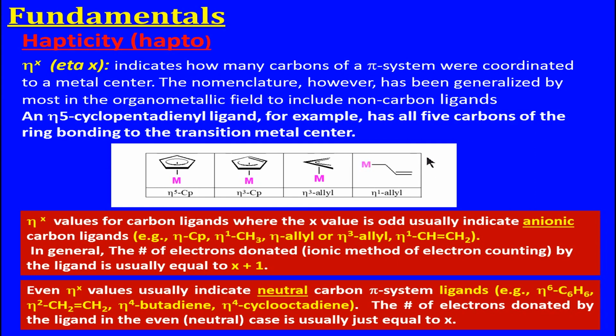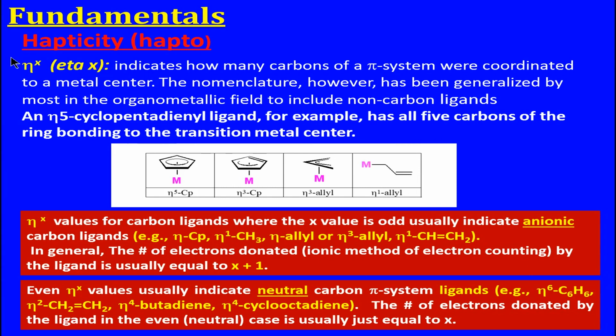In this structure, M is bound to 1 carbon of the allyl and not to 3, like the previous structure. So this is eta-1 allyl.